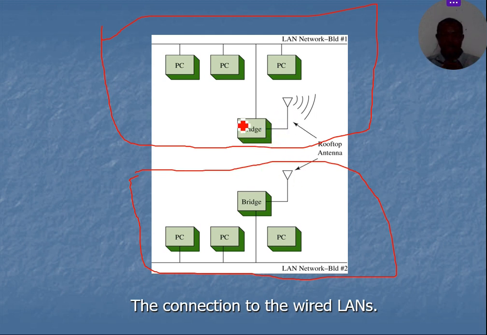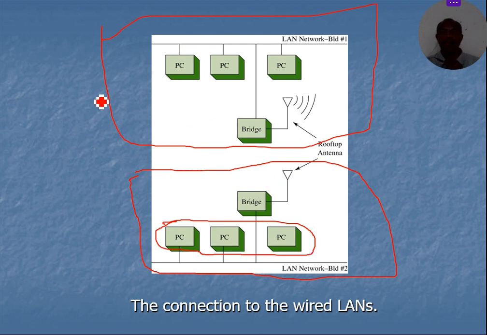Now you have a bridge connected with an antenna on the rooftop, and similarly another bridge on a wired LAN. This is a wired LAN with different PCs connected to the wall plate of your wired LAN, and there is a bridge with an antenna on top of it, and this is another wired LAN with a bridge with an antenna on top of it. So all signals from here will be transmitted and received by this antenna, and sent to this wired LAN.